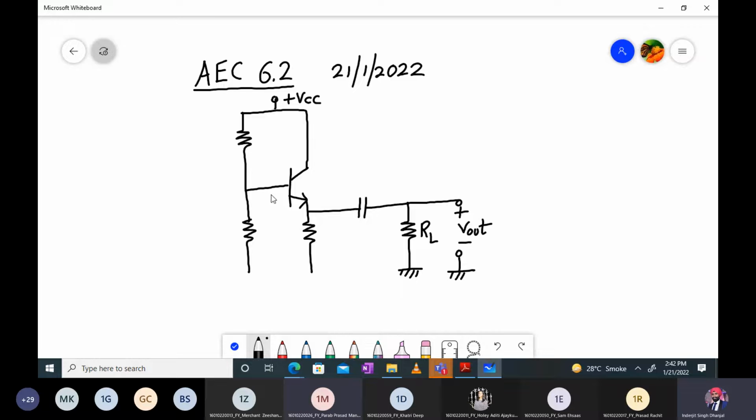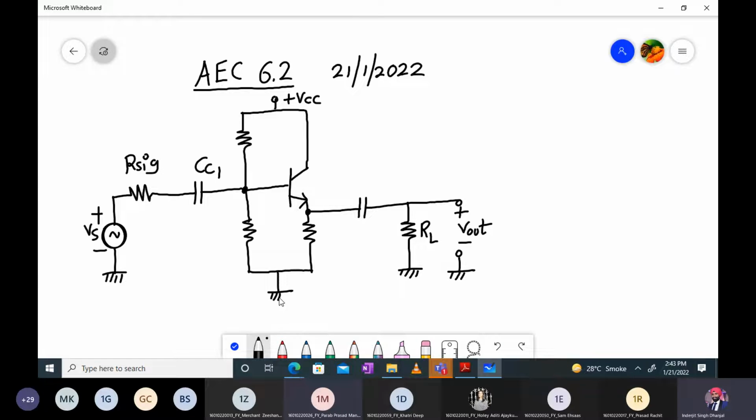This is again a BJT amplifier, but which configuration it is? Can anyone tell? Looking over here, so we have RSIG also, and we have coupling capacitor over here, CC1. This is RSIG, and here we have VS. Plus minus VS. This is connected to the ground. R1, R2, and RE. This is CC2.